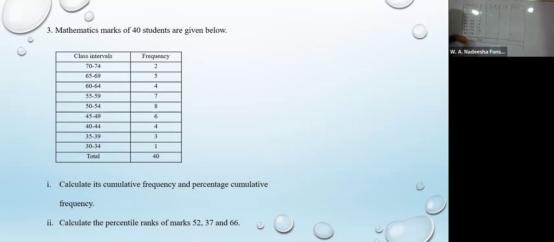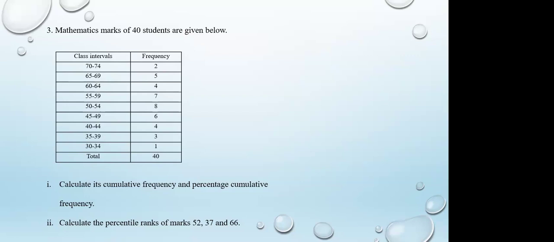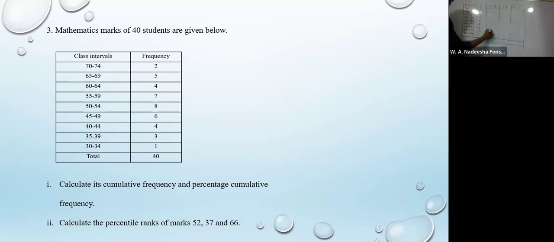So here, where should I start to find the cumulative frequency? From 30. Yes, from here. 1, 4, 8.